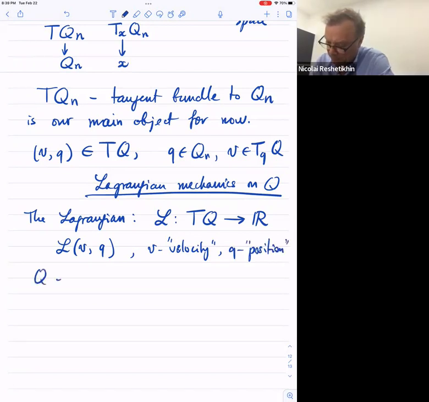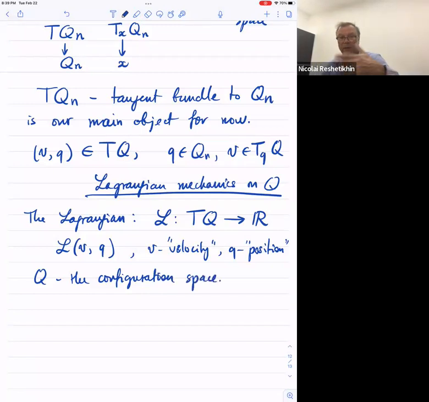So Q is the configuration space. These are degrees of freedom that our system has. And tangent vectors are the velocities with which the system can move.